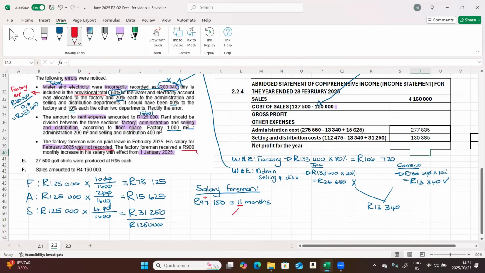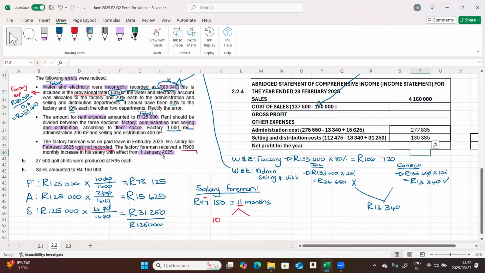So what we are going to do is split this between the months with the increase and the months without the increase. For 10 months we did not have an increase, do you agree? Because the increase applies only from January.